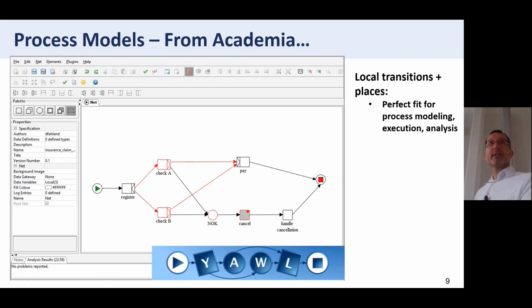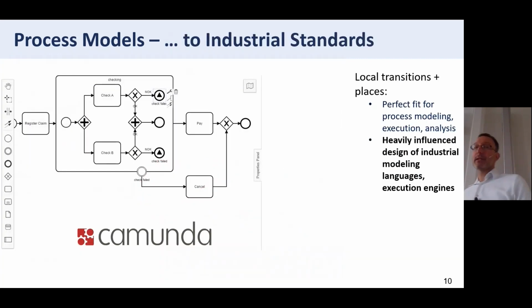They're derived from Petri nets, but they're not exactly Petri nets. But they take this idea that you have local transitions in places because they're perfect fit for processes. And these models, they made it over into industry, into industrial standards like BPMN, that we now can just deploy in an engine, hook it into other existing systems, and we run these processes.